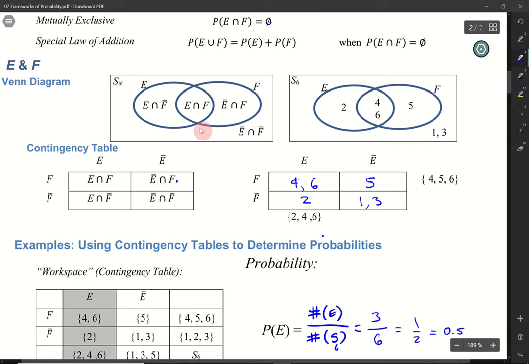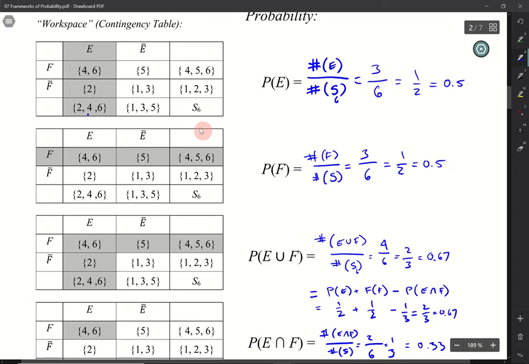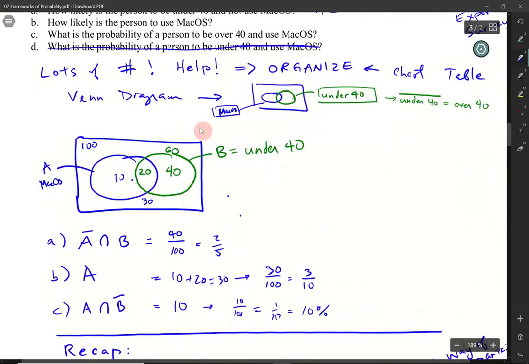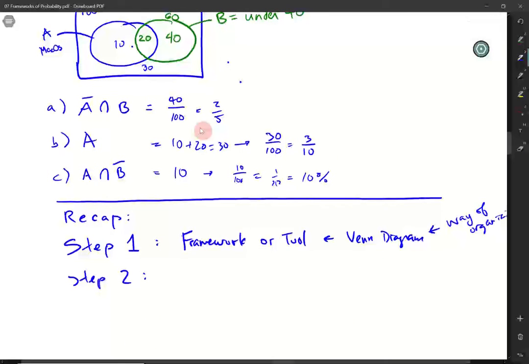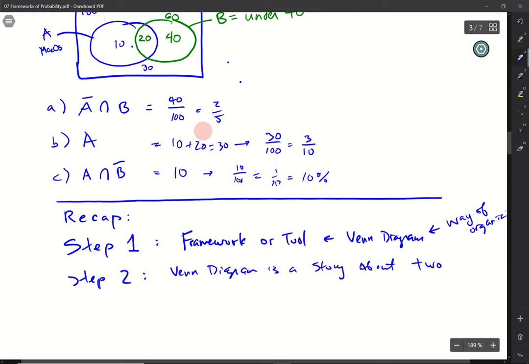Two different what? Two different events, right? So the Venn diagram is a story about two different events, right? It's a story about two different events.